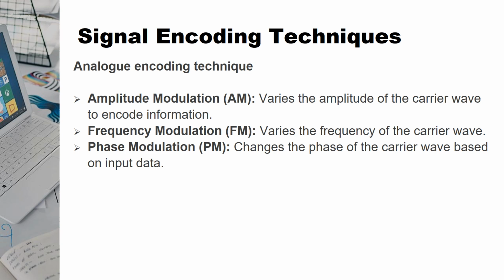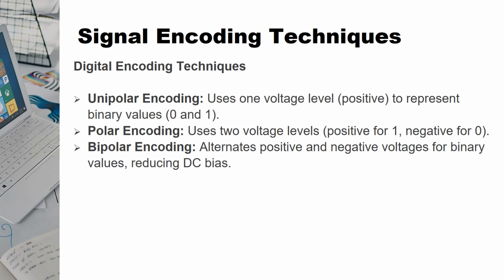And then on phase modulation, we are saying that phase modulation changes the phase of the carrier wave based on the input value to convey information. This technique is often used in digital communication systems.